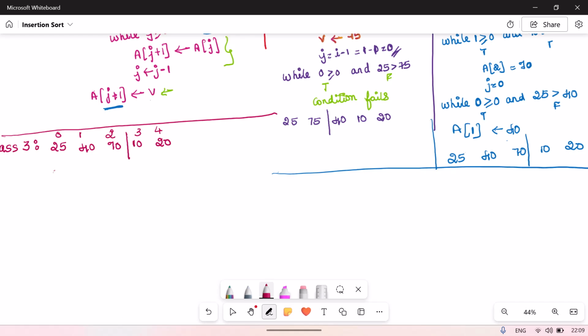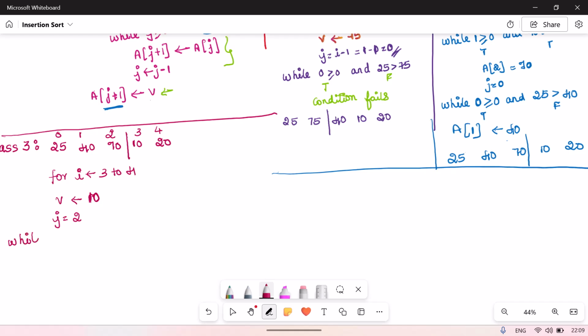Okay. Next, for i equal to 3 to 4, take that value of i, that is 10. 10 will be assigned to a variable called V. Correct? Then j will be i minus 1. So i minus 1 means 3 minus 1. So j is 2.